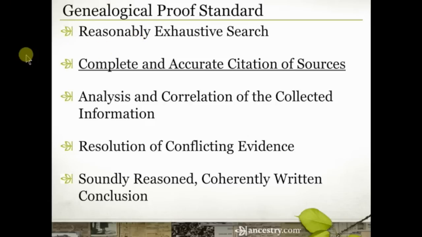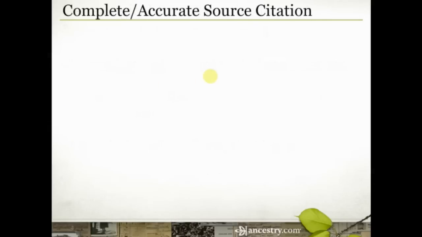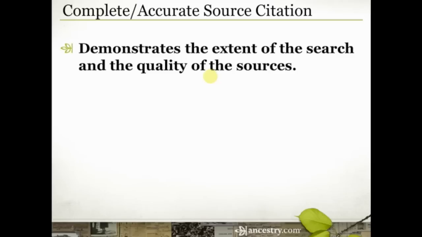So let's talk about why complete and accurate citation of sources is so very important. Again, this comes directly from the Board for Certification of Genealogists. They state that it demonstrates the extent of the search and the quality of the sources.